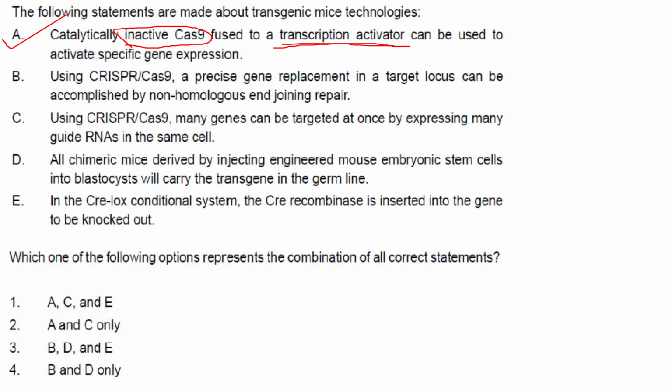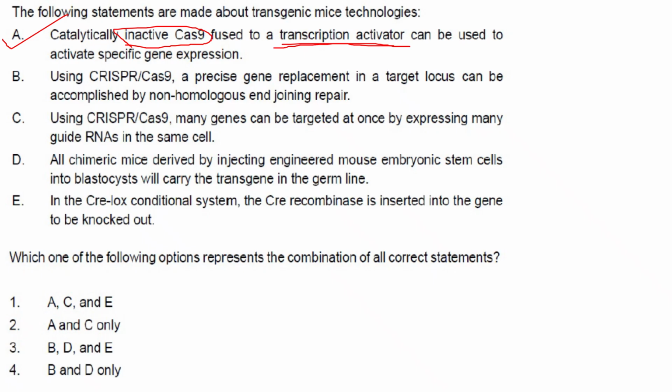As usual, you will design a guide RNA which is complementary to the target DNA sequence, and this target DNA sequence can be your promoter or an enhancer region of the gene, because you want to enhance the expression of a gene. For that you have to design a guide RNA sequence complementary to the promoter and/or enhancer region.